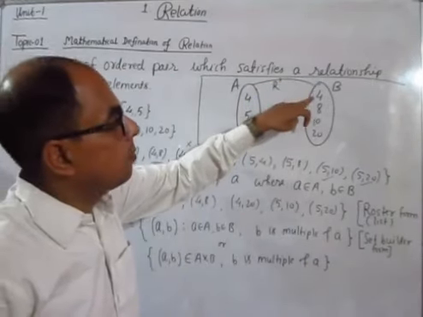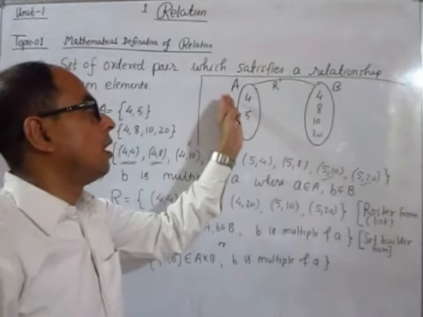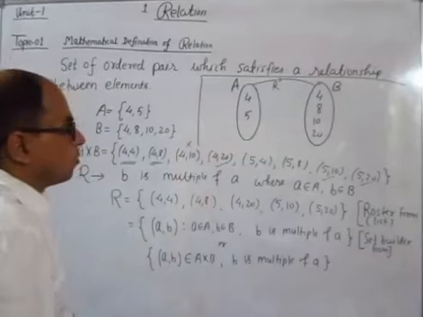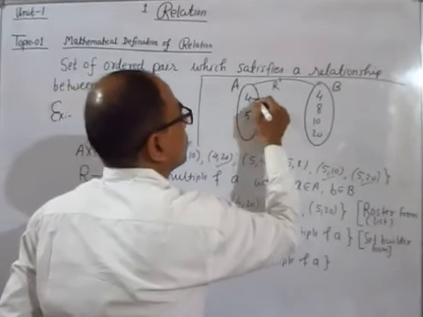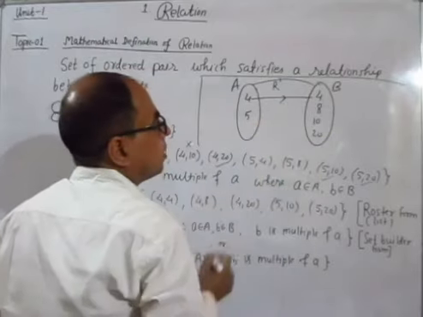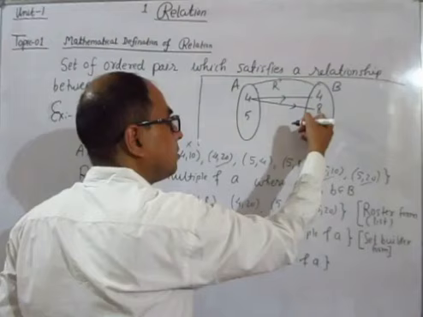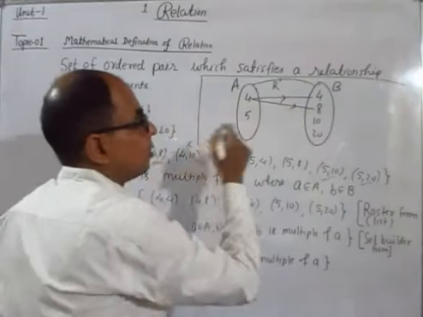B means an element of this set is a multiple of an element of this set. So 4 is related with 4 because this 4 is a multiple of this 4. Now this 4 is related with 8 because 8 is a multiple of 4.